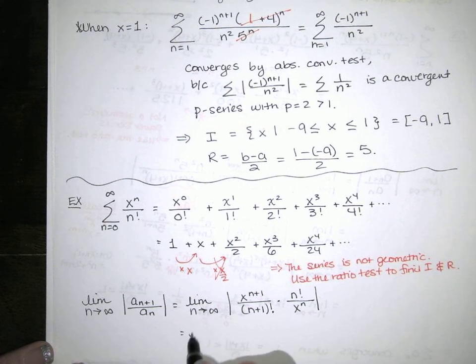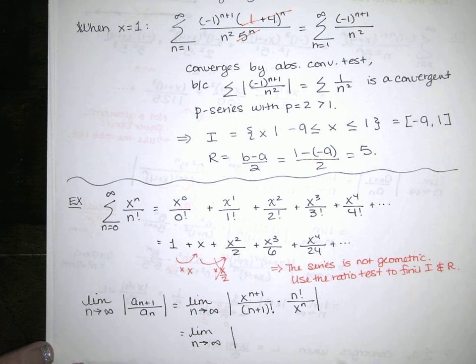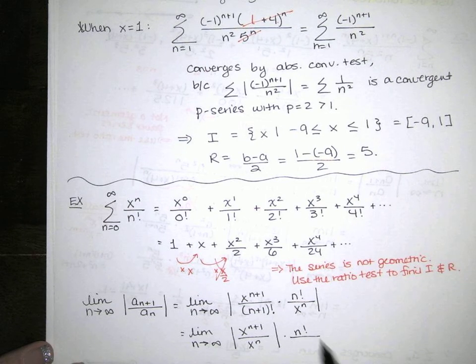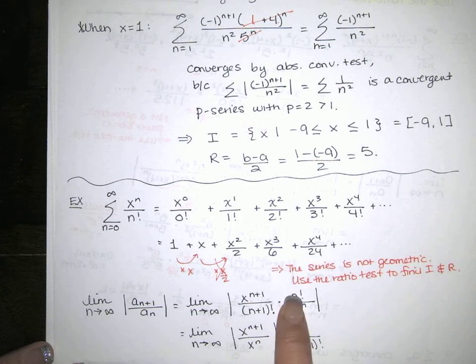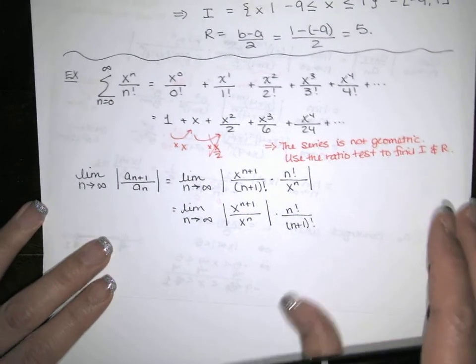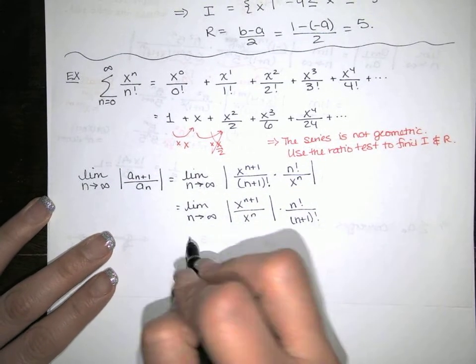So the x's need to stay in absolute value. But I'll group my x's together. And I'll group my factorials together. Make sure you keep expressions in the numerator and the numerator, expressions in the denominator and the denominator. That times that is equal to that. And that times that is equal to that. So we're good. Now at this point you use exponent properties and properties of factorial to simplify this.